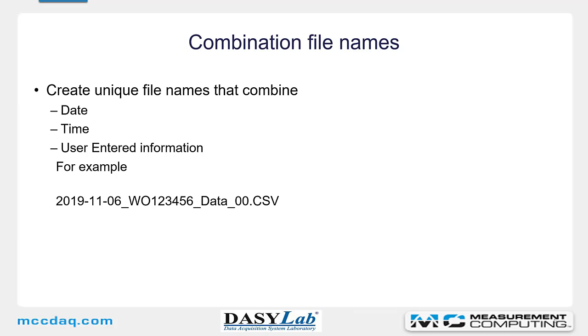For example, you can configure the file name to include the year, month, day, user entered information such as a work order number, some fixed information such as the word data, and then DASYLab entered information with the multi-file number. So that now you have a unique file name that for every test that you run will get updated to reflect the information that you've entered as well as the date.